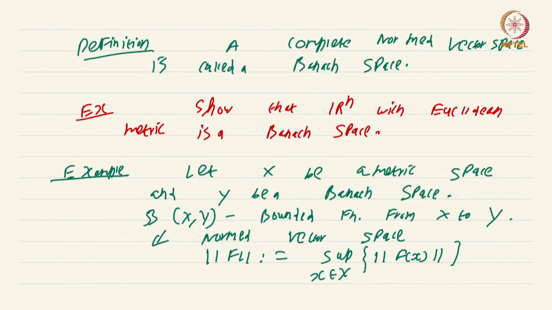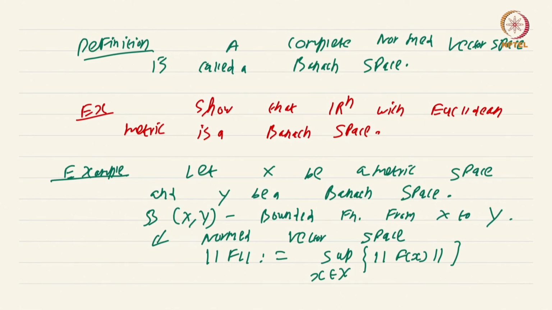You take all the possible values of f evaluated at various points of capital X. Because this is bounded, this entire quantity is going to be a finite number. Okay, you can check again that this is going to be a norm. These are all trivial checks. That's why I'm going to leave it to you.